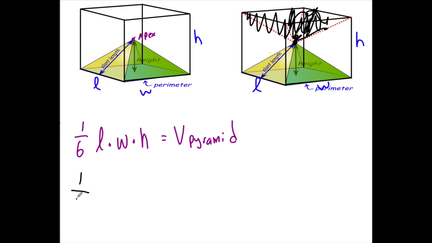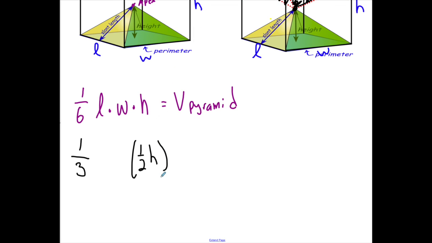So let's split off this 1/2, because it doesn't really matter what order you multiply things in. But remember, if I split it up like this, this is the height of the pyramid.